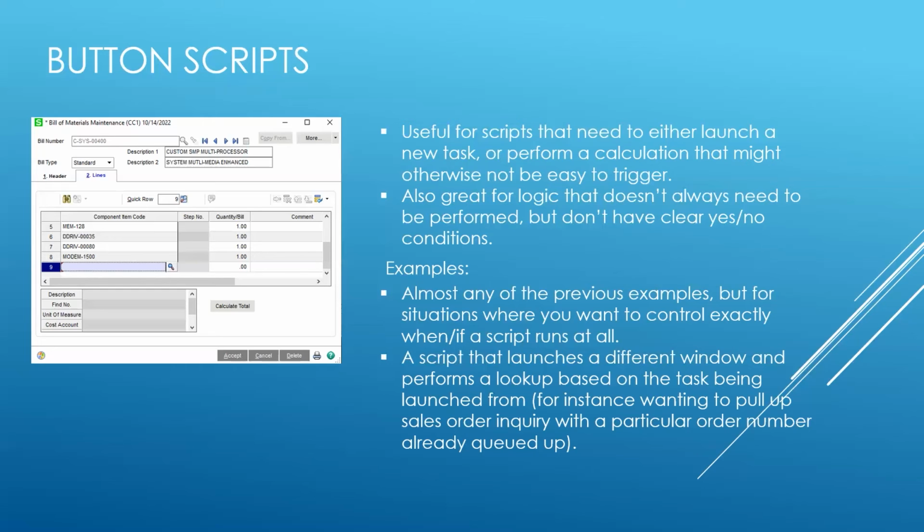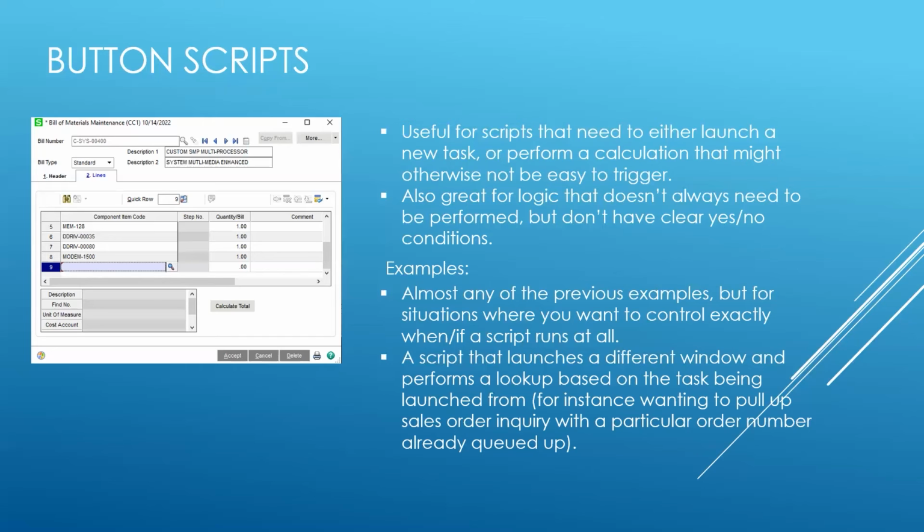Button scripts are also useful if you have some sort of logic that you want to perform, but you maybe don't always want to do it, and whether or not you want it to happen or not is really just a human logic decision and not a clear black and white situation, as is the case of this calculate total. That's there as a sort of informational helper tool.